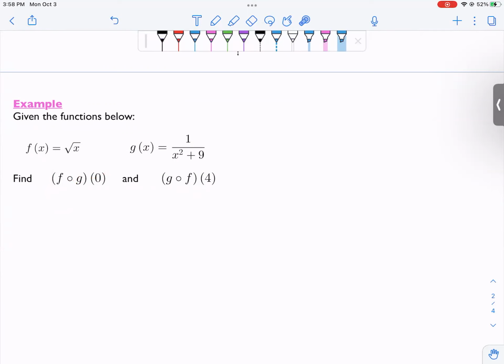There are two different methods that you can take to solving this. I'm going to write out both methods for you, and you can decide which one you like the best. The first method is to find the composite function and then plug in x.